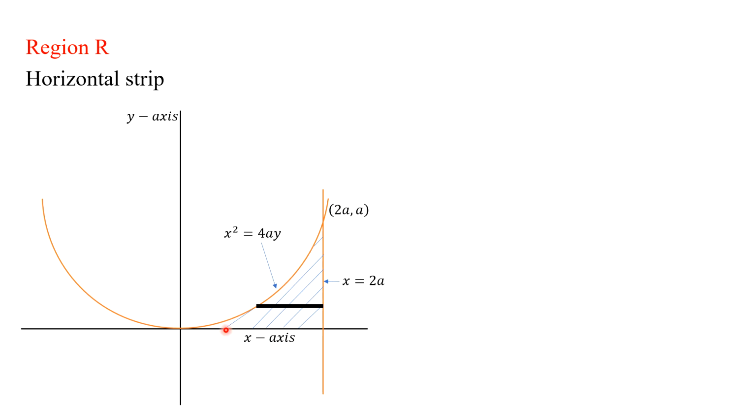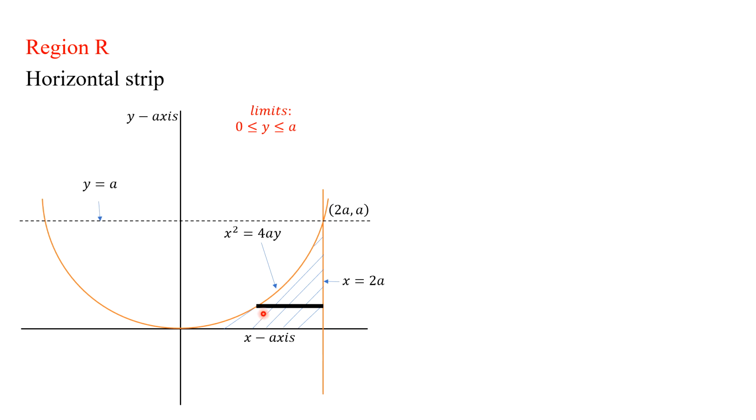Now in this region this strip will move up to this line, that is the x-axis, and at the top it will go up to this line which is y is equal to a. So in this case the limits of y are from 0 to a.